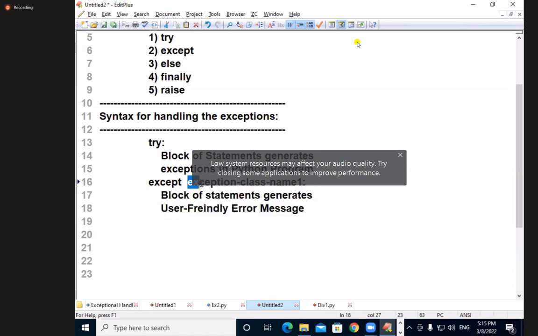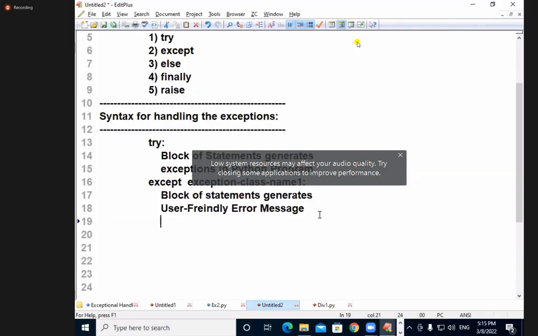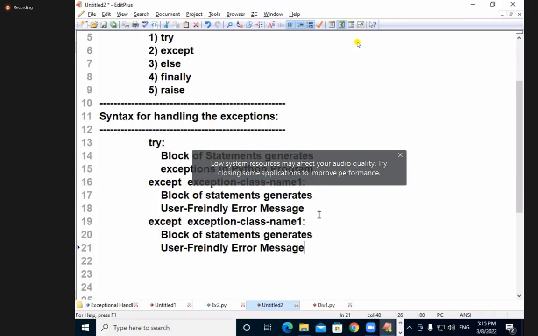For that related exception class name, this block of statements gives a user friendly error message. Similarly, I can happily write one more type of message. What is that? Except exception class name 2, block of statements generates which message?